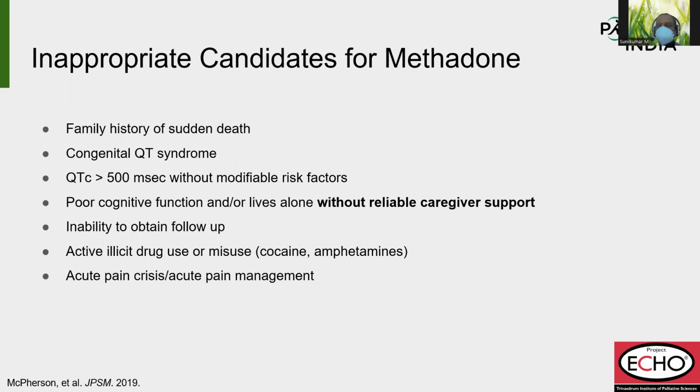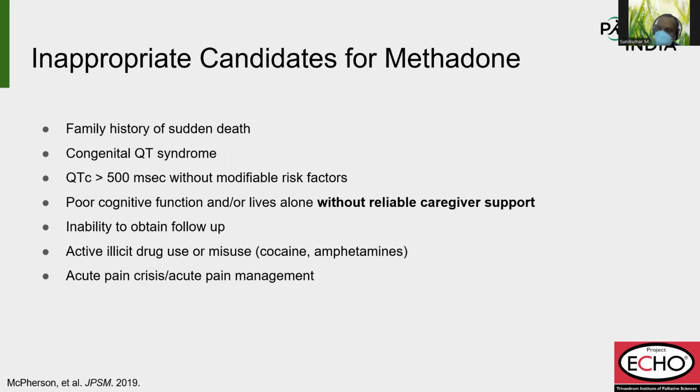So there are some inappropriate candidates. Family history of sudden death, because congenital QT syndromes can run in families and it can cause sudden death. And if the corrected QT interval is more than 500 milliseconds, then do not start patients on methadone.